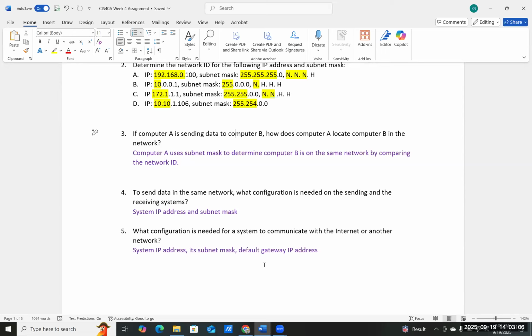That means it has to exit the network through that gateway.